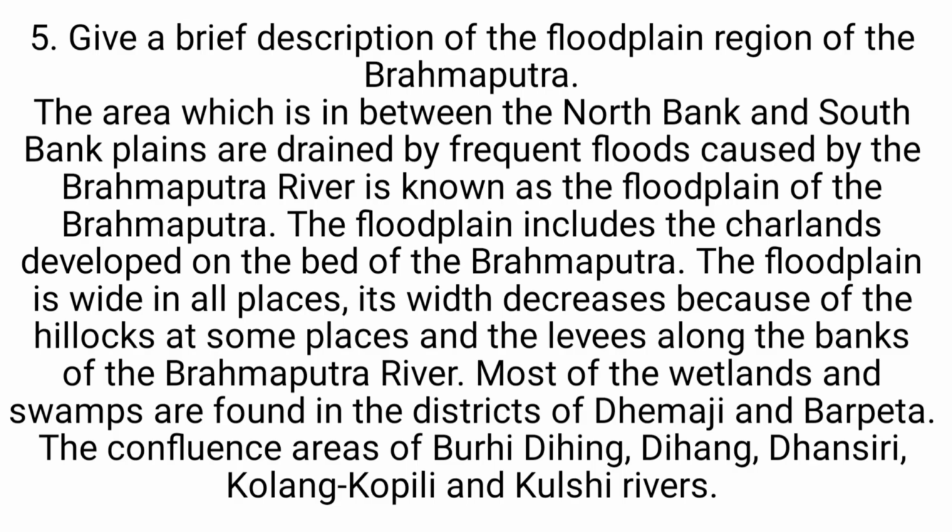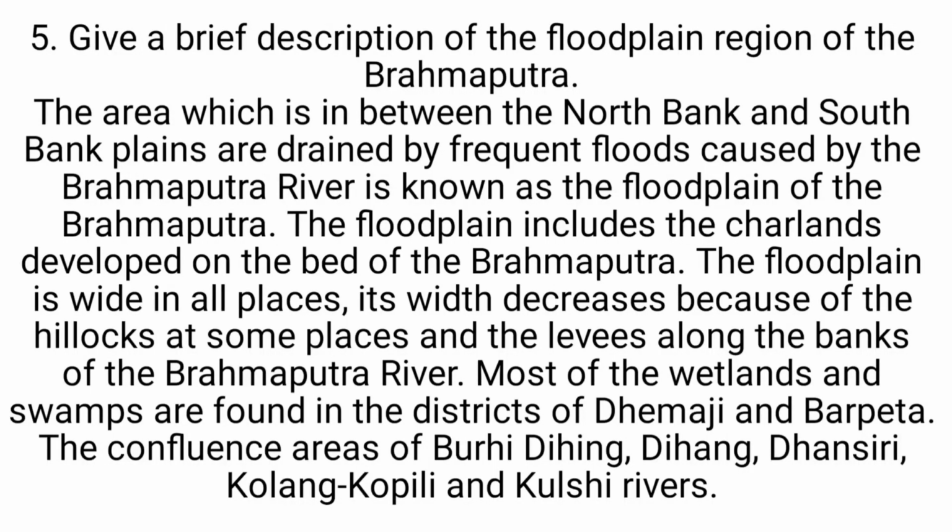Number 5. Give a brief description of the floodplain region of the Brahmaputra. The area between the north bank and south bank plain, which is drained by frequent floods caused by the Brahmaputra River, is known as the floodplain of the Brahmaputra. The floodplain includes the charlands developed on the bed of the Brahmaputra. The floodplain is not wide in all places.